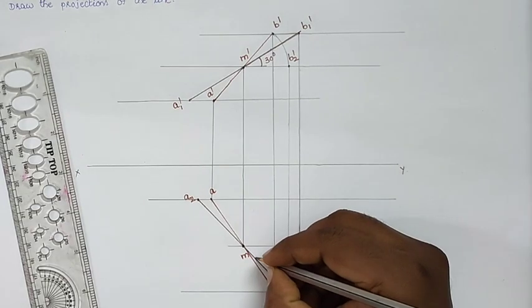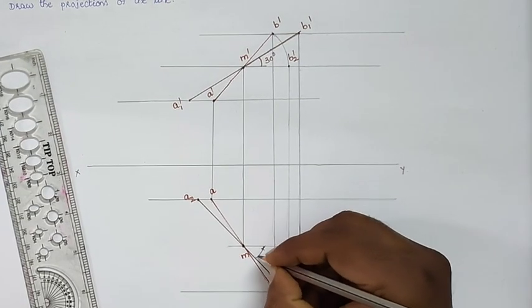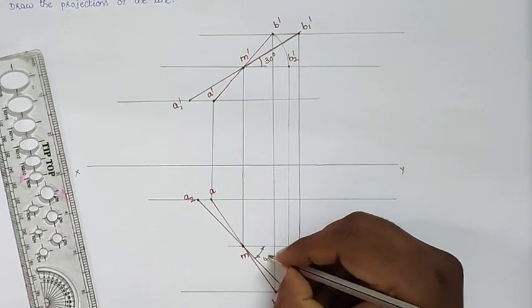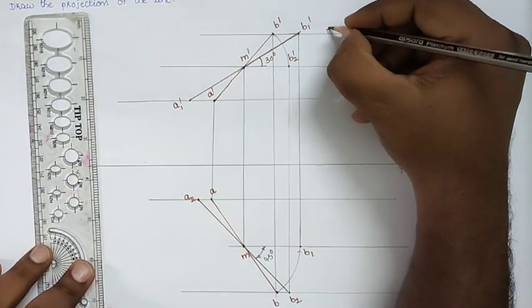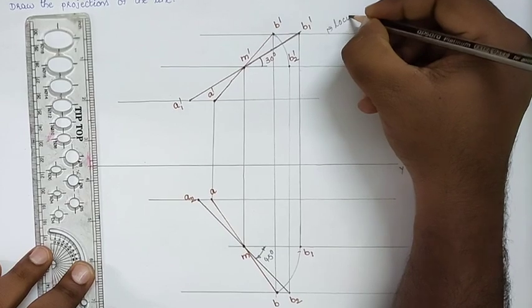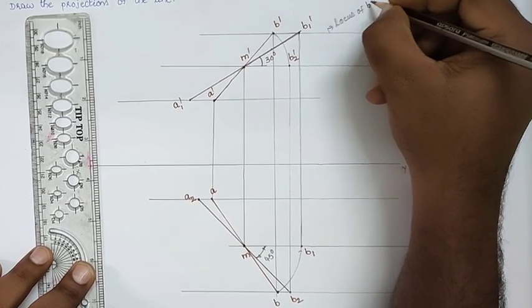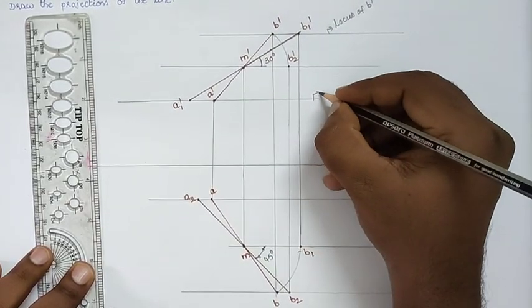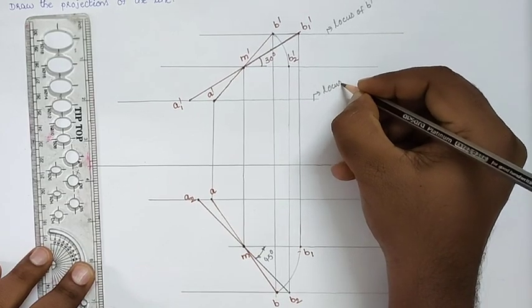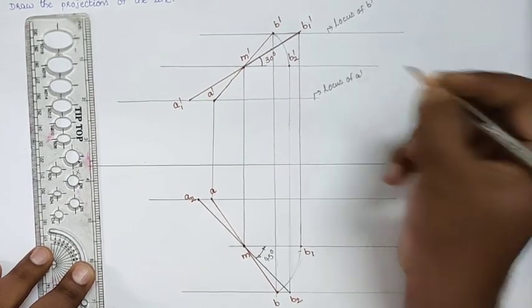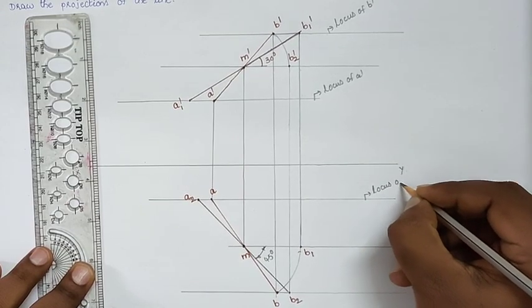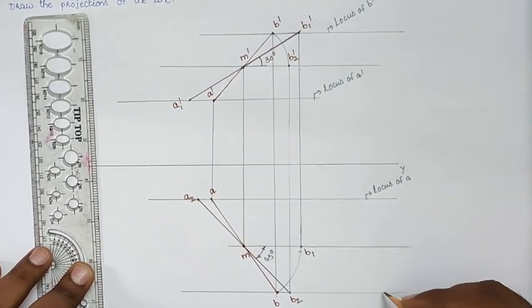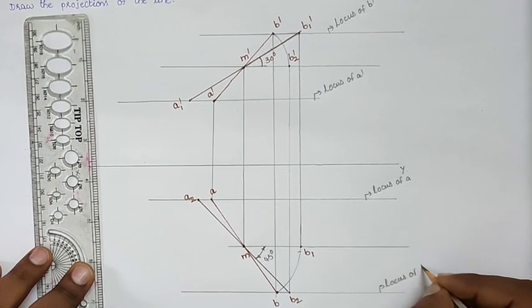You can give all the dimensions here. This one is 45 degrees. I am writing this one as the locus of B dash, this is the locus of A dash, here the locus of A, and this is the locus of small b.